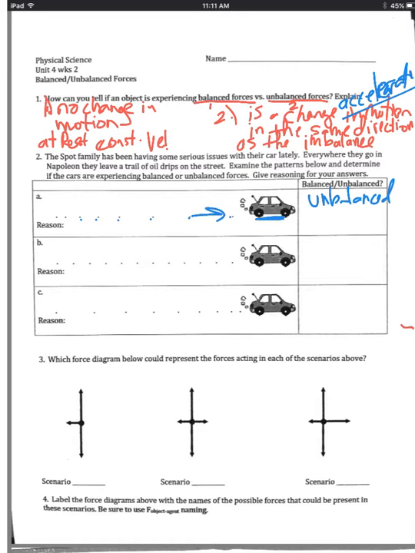So this could be like a motion map, and if it were like a motion map, then the arrows are getting longer as you go across. So it's showing us that we have an acceleration that way. So it is accelerating. I'm just going to abbreviate.